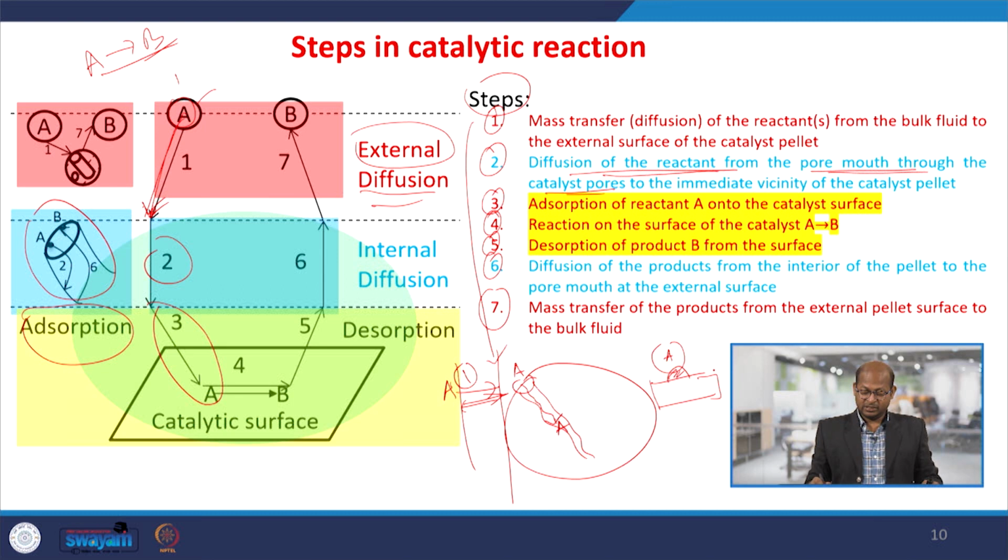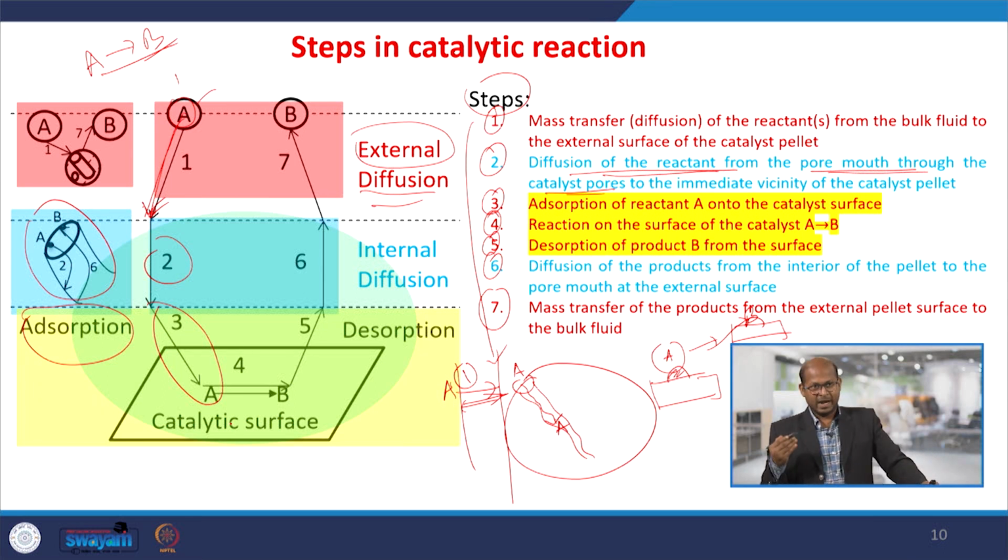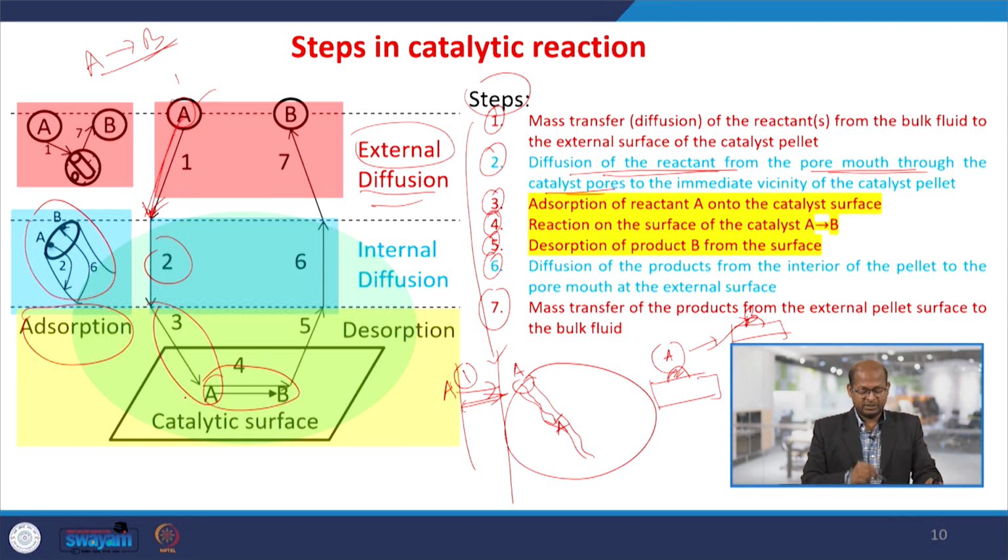Once it gets adsorbed, it is converted into the corresponding product. A is converted into the product. Inside the catalyst, once it is adsorbed over the surface, it does not remain as A; it is converted into B. These reactions take place here over the active sites.